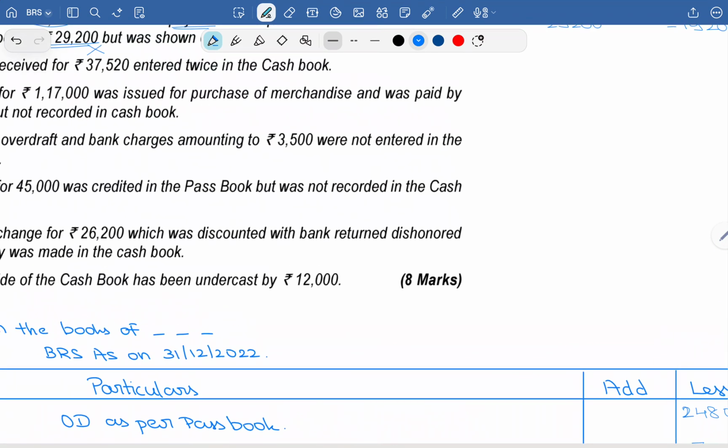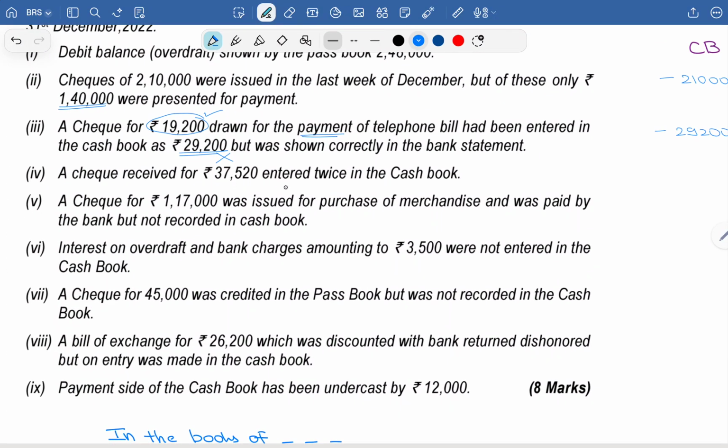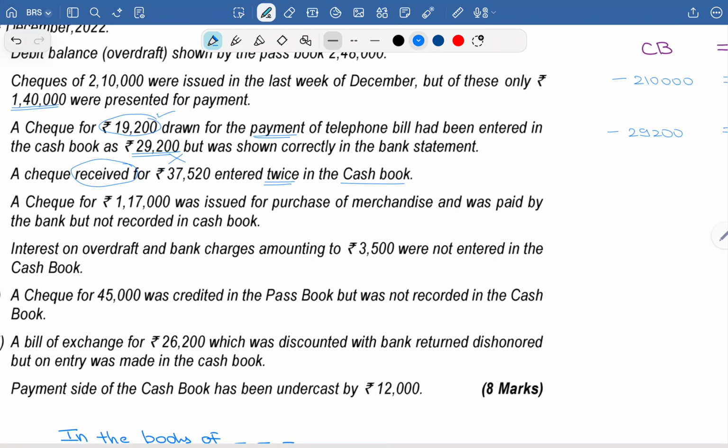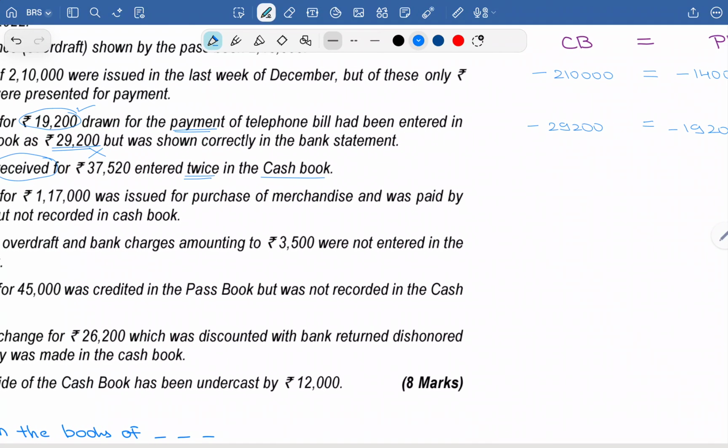Next one. A check received worth rupees 37,520 entered twice in the cash book. A check received is a receipt, so my bank balance will increase. One time I should have increased this in the cash book, but in my cash book I have written it twice: plus 37,520, plus 37,520.